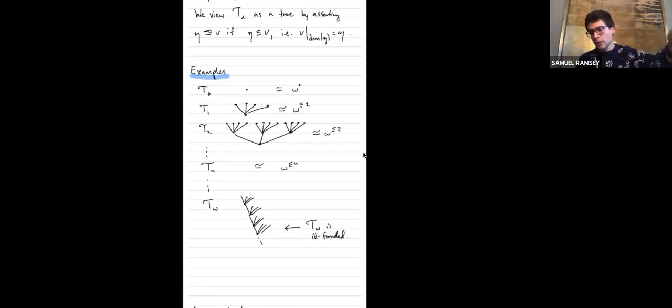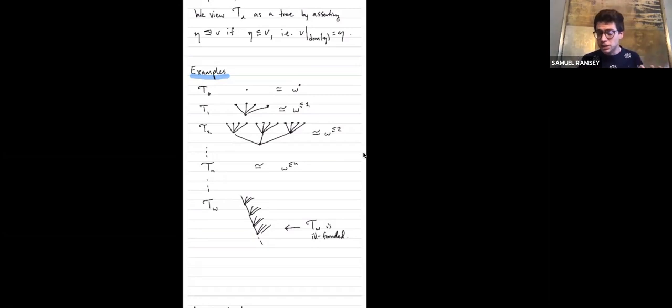So where do you send 0? You can send it to 0 or to 1 or to 2 or to 3. So that gives you infinitely many things, which are like nodes in the tree. And all of those things, of course, contain the empty function, which is like the root node. So if you look at T1, the omega valued functions on initial segments of the ordinal 1, that gives you omega to the less than or equal to 1.